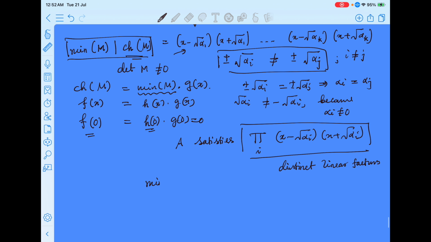Now the minimal polynomial of A divides this polynomial, let us define this as p(x). As p(x) has distinct linear factors, the minimal polynomial of A also has distinct linear factors.